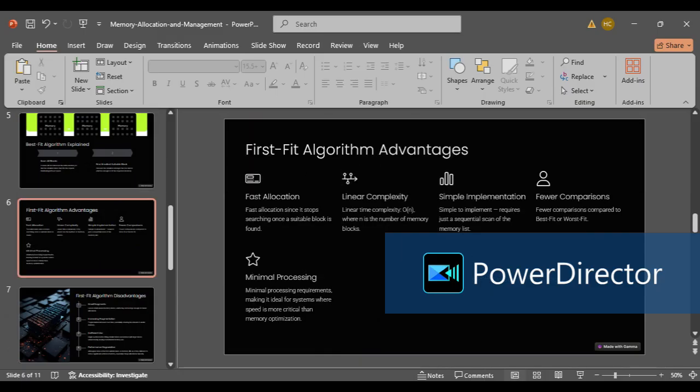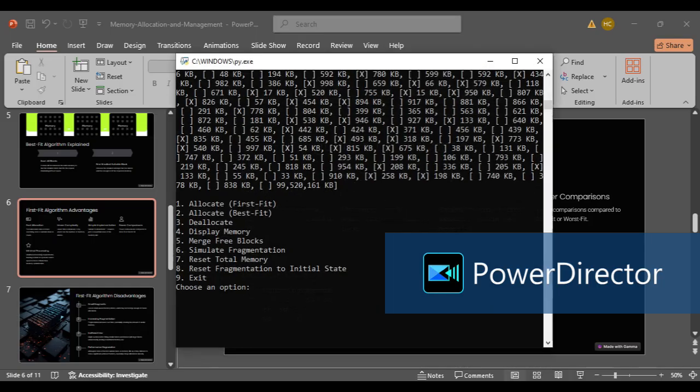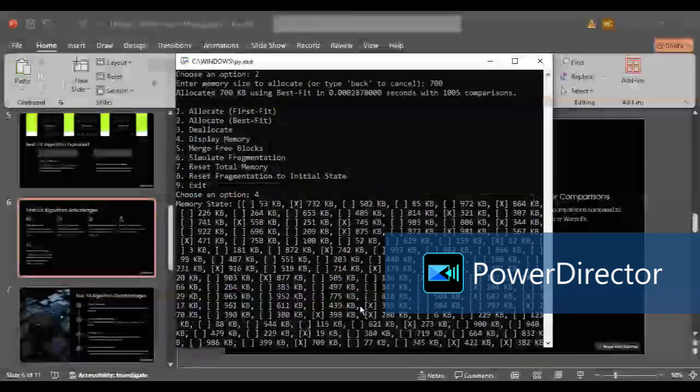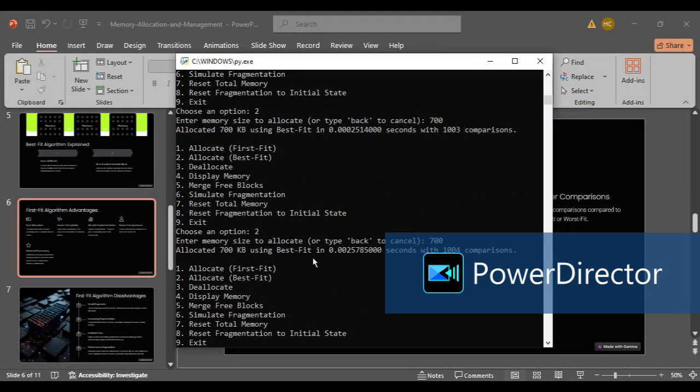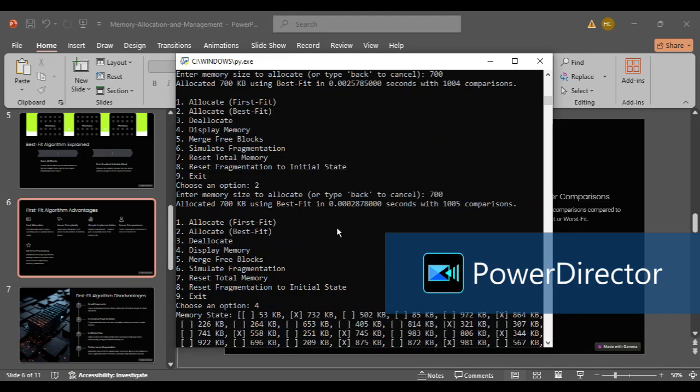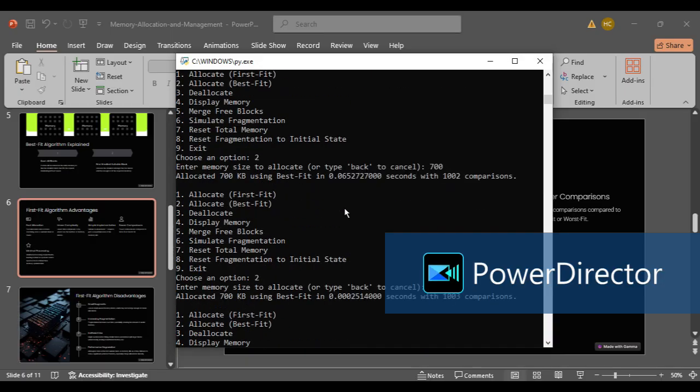The advantage of the first fit is that allocations were fast. Let's see if that was true. For the best fit comparison, we have just 3 zeros after the decimal point.